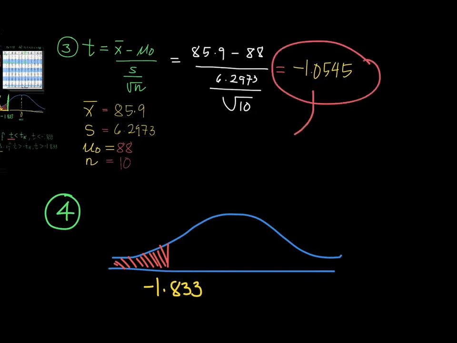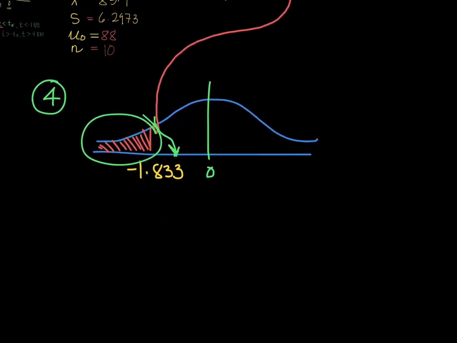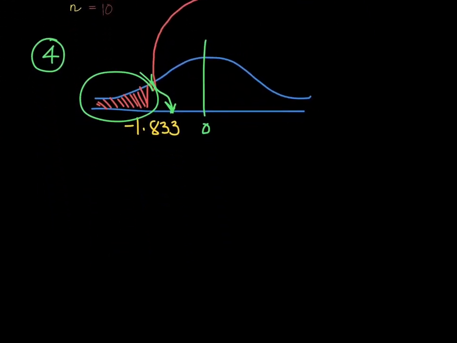So using that number, we have to locate that on the diagram, and we should be able to see that that number is on the right side of negative 1.833. If the 0 is at the center, we know that that number is closer to 0 than the negative 1.833. That simply means the number is lying outside the critical region.